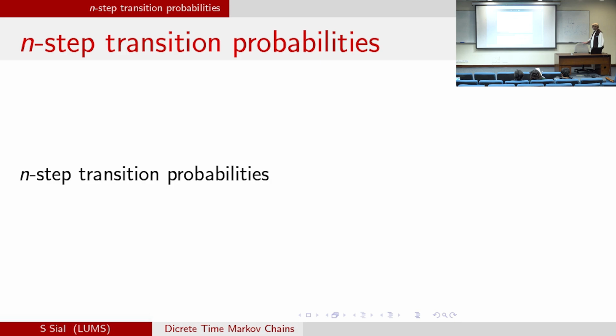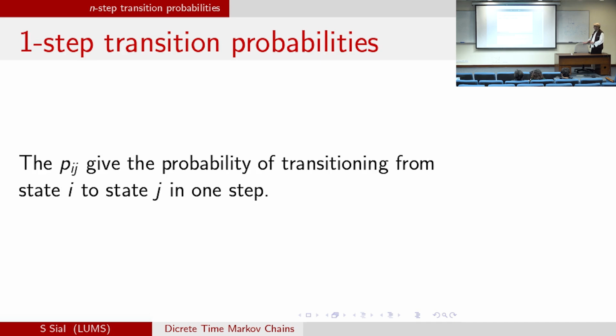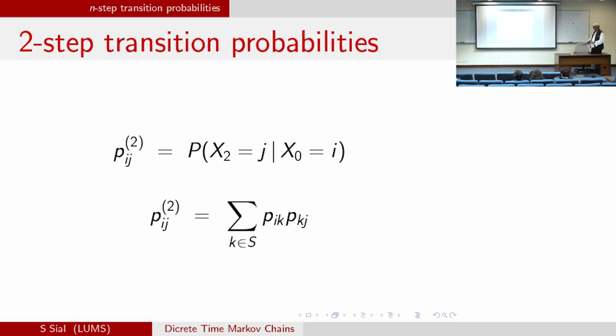Okay. So, right, the pij's, again, they were transitioning in one step, right? So, transitions in 2 steps. So you're going, what's the probability that you're in i, and then after 2 steps, you will be in j? Well, here you can think about, how do I get from i to j? I have to transition from i to something, and then from that something to state j, right?